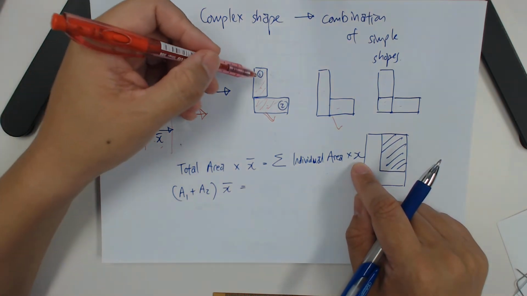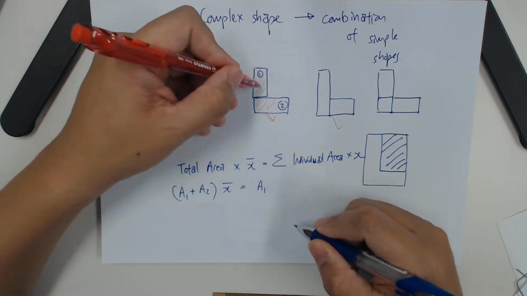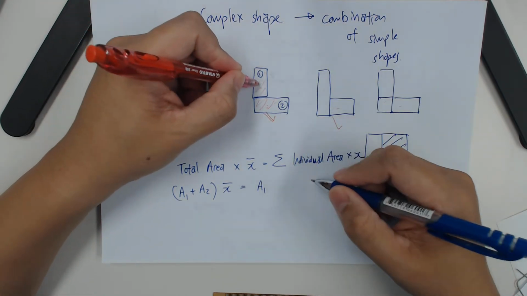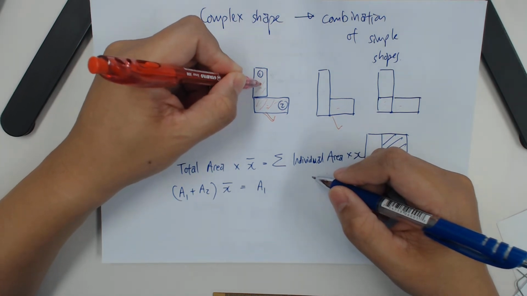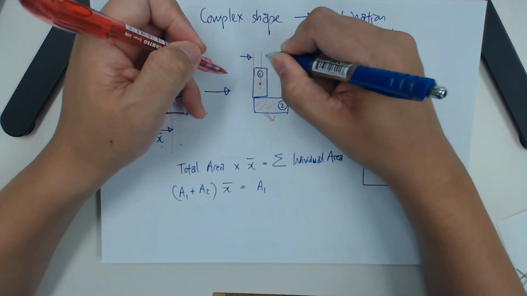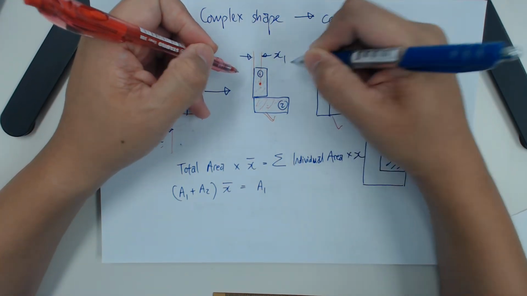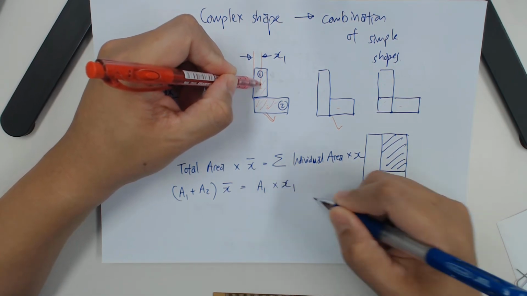For A1, I will have its own centroid, because for simple figures, you know where the centroid is. So I can find this value here, this is what we call x1, the centroid of the simple shape, times x1.